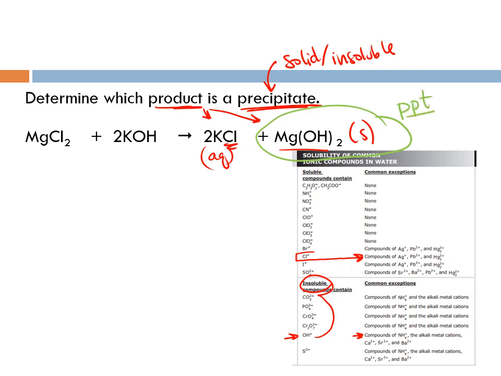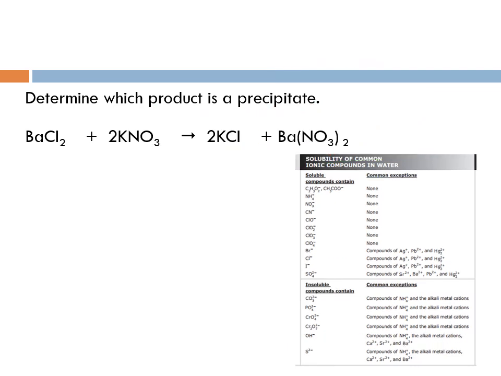Let's do one more, and then we're going to call this lecture done, my friends. Find the precipitate in this reaction. All right, you might be thinking, wait, trick question. There are no precipitates. You're right, my friends. This is not a precipitation reaction because there is no precipitate.